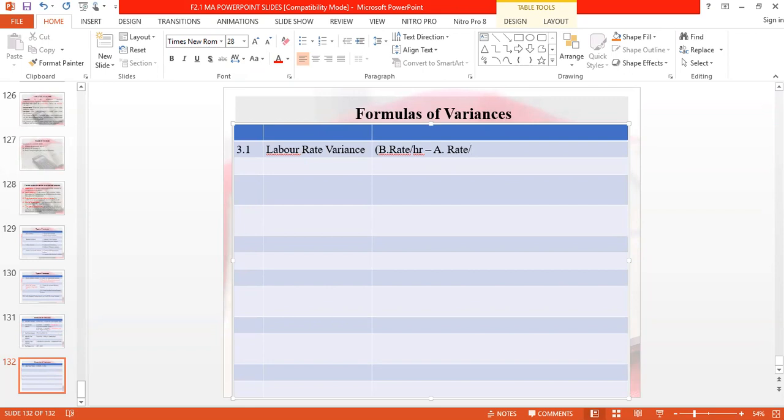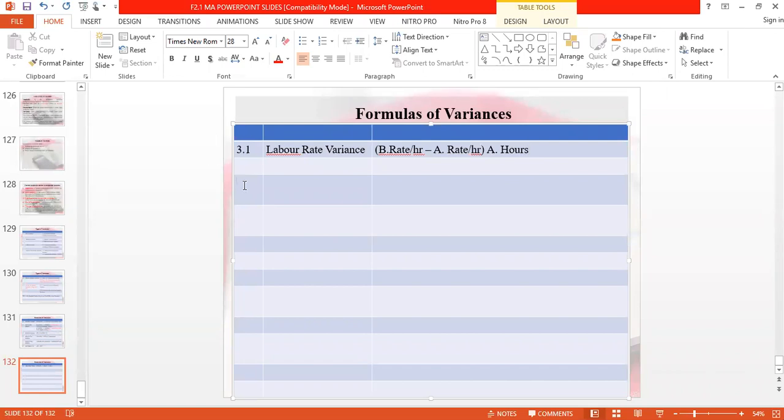This is normally the last chapter, but if I cover it last, you have a very short time to remember the formulas. So budgeted rate per hour minus actual rate per hour times actual hours.